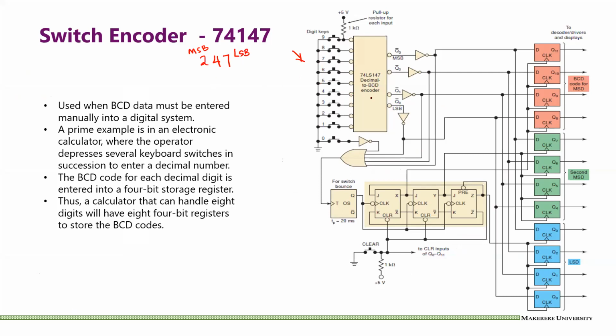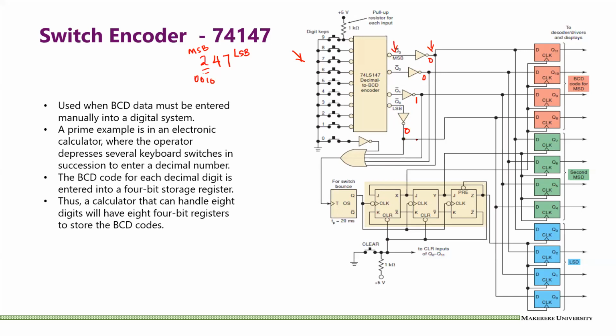Let us look at this. This is a decimal BCD encoder. So when I press 2, I will have my input here, and this is inverted at this point, and then we invert again to get our normal BCD. So for instance, 2 is 0, 0, 1, 0. That means I'll have 0, 0, 1, and 0.